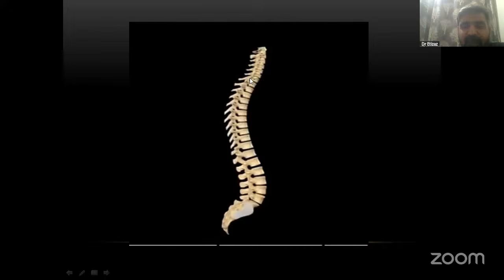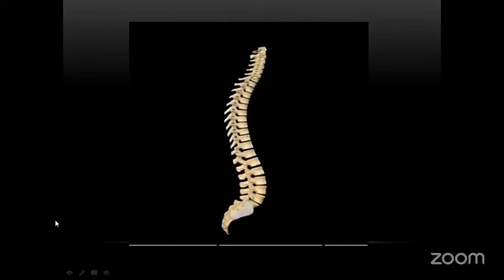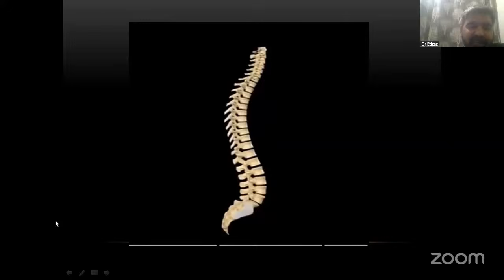Look at the curve of this, and this is the beauty of how nature has given us this curve. The spine is actually a transition from cervical to lumbar. That's why the anatomy changes from cervical to lumbar. Look at how it transitions.